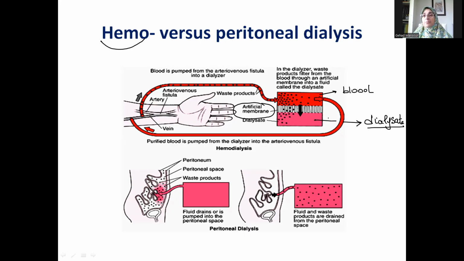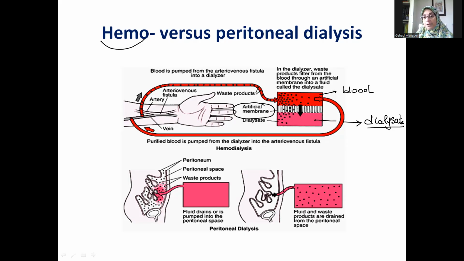Because sometimes in renal failure, not only does the patient have elevated levels of urea and ammonia, but they also might have a decrease in certain substances like calcium, in which case you have to help the patient restore the original level.